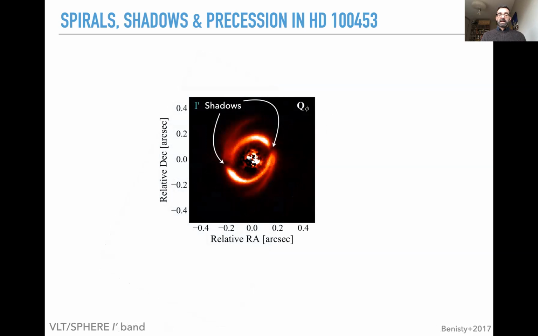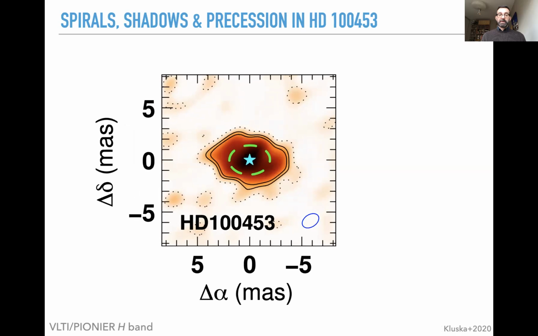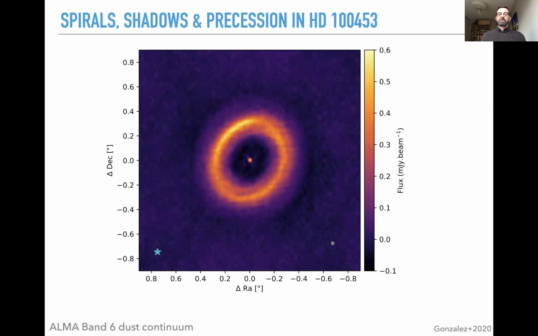Well, this inner disk has since been detected by the VLTI instrument PIONIER, and its relative inclination to the outer disk has been measured to be about 70 degrees. In addition, ALMA also revealed a dust ring composed of larger dust grains, and we can trace faint spirals in the dust ring as well, in this case.